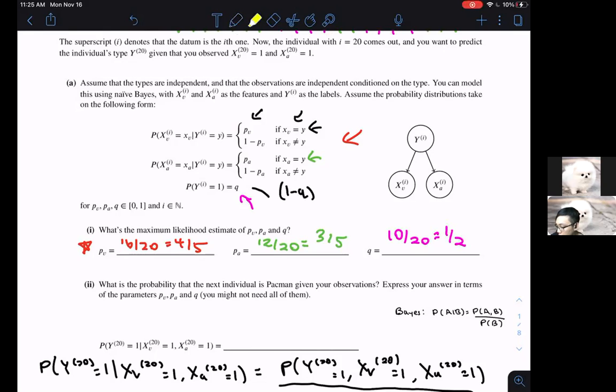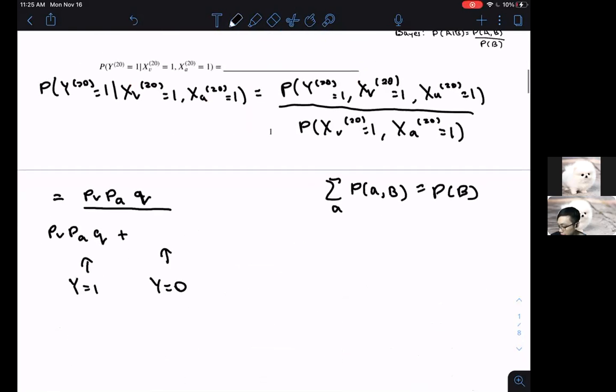And for the other cases, we need to take into account the fact that y is no longer equal to xa or xv. So that means we're taking this value right here, 1 minus pa, and this value right here, 1 minus pv. So overall, that comes out to 1 minus pv times 1 minus pa times 1 minus q. And so this would be the answer.